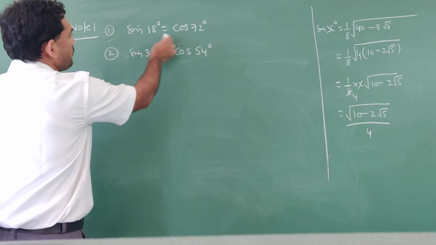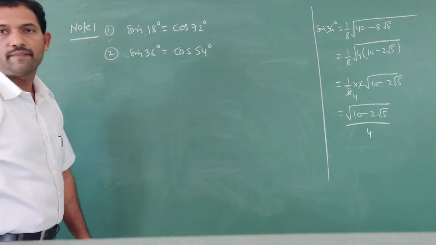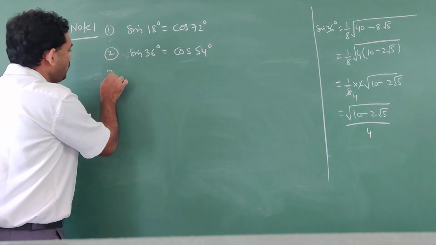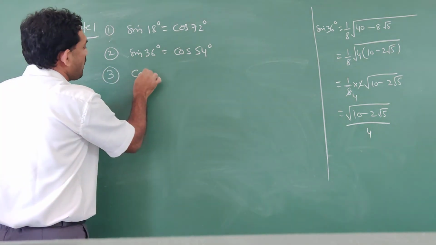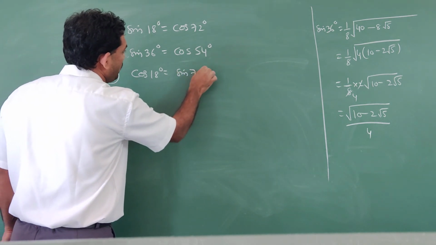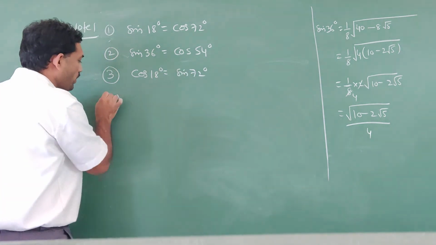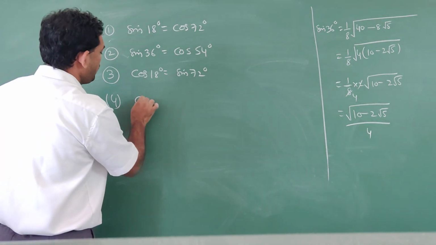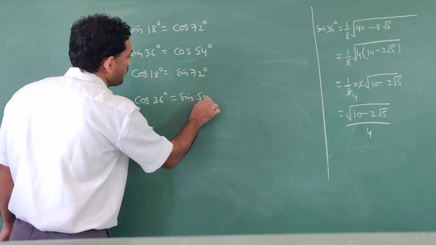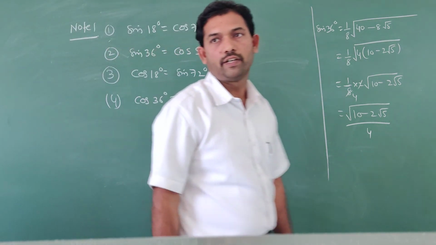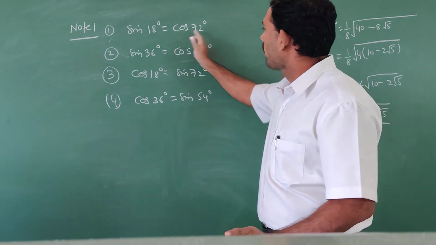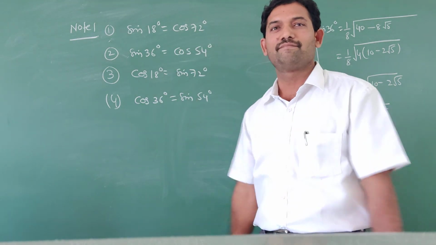Sin 18 degrees value and cos 72 degrees value are the same. Similarly, third point, cos 18 degrees value equals sin 72 degrees value. Fourth point, cos 36 degrees equals sin 54 degrees, values are the same. Note down these points.